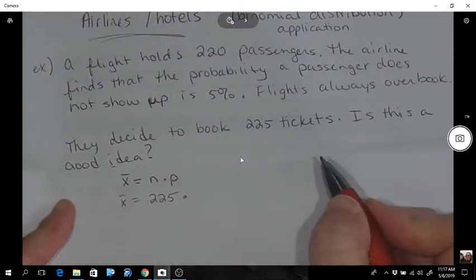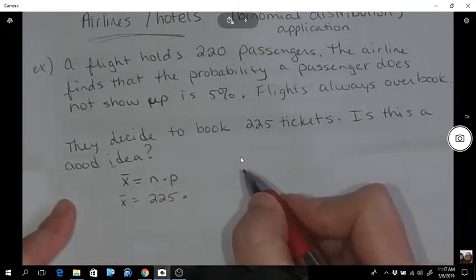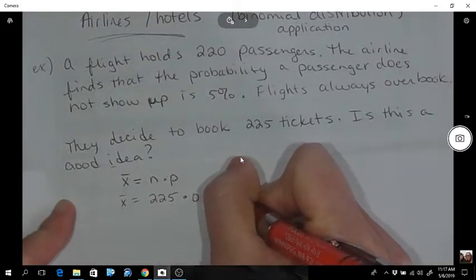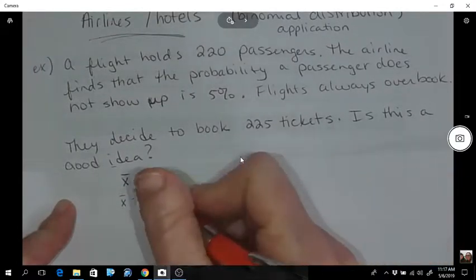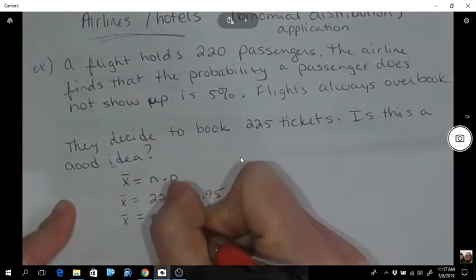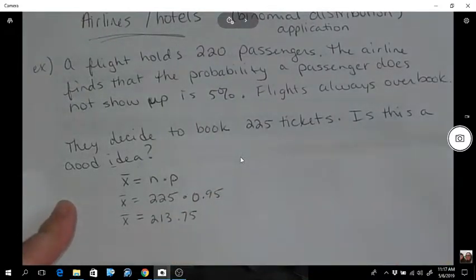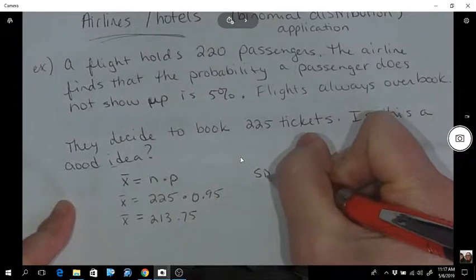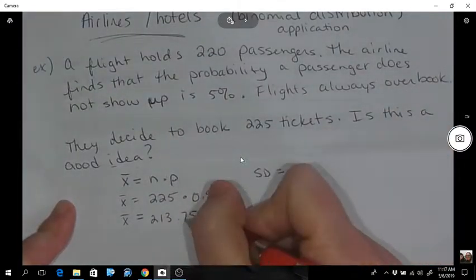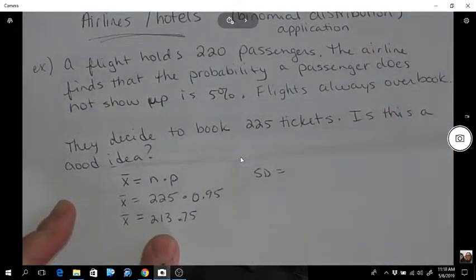The probability that people show up is 95%. Okay, so our mean is 213.75. Then we have our standard deviation. So does it make sense with the mean? That's about how many people should be showing up.